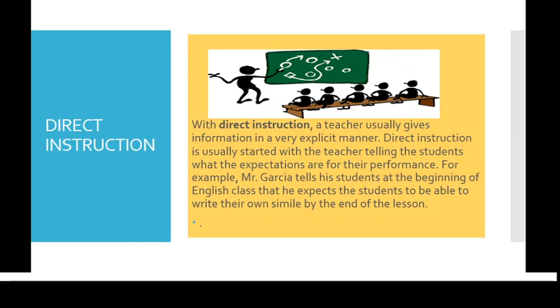Direct instruction usually starts with the teacher telling the students what the expectations are for their performance. For example, Mr. Garcia tells a student at the beginning of the English class that he expects the student to be able to write down their own simile by the end of the lesson. This is actually what is called direct instruction.